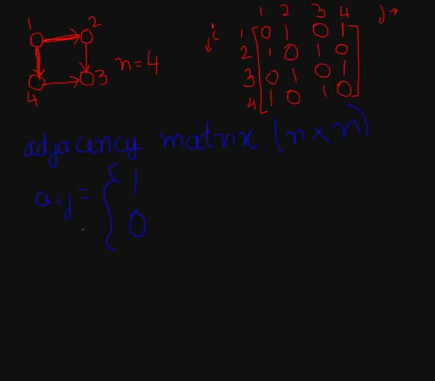Here we will say Aij is equal to 1 if i points to j. Where there was earlier a 1 at 1, 2, we check if 1 points to 2, and since this is true, there is going to be a 1 over here.